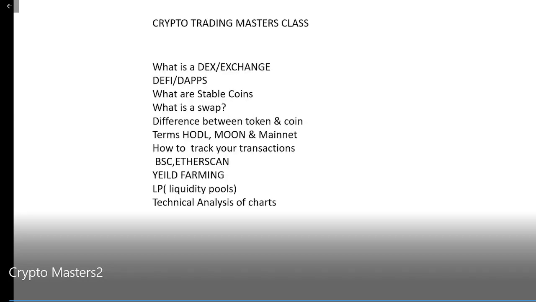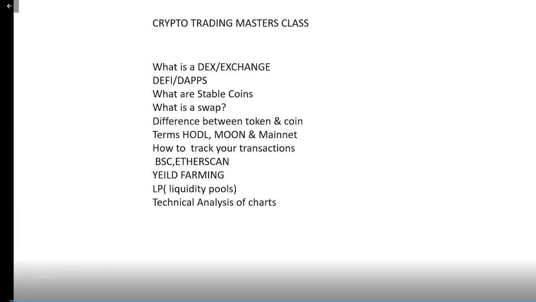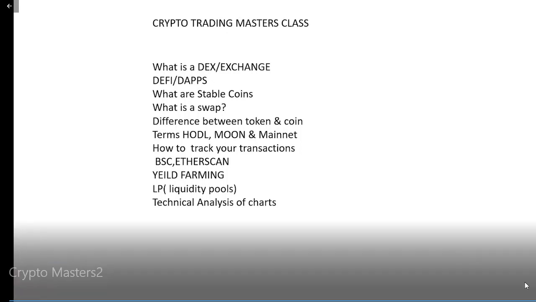All right, so we have another class where I go over different things: what is a DEX versus an exchange, DeFi versus DApps. What are DeFi and DApps? We already covered stablecoins. We covered what is a swap, the difference between token and coin. We're going to cover the terms hodl, moon, and mainnet, which I kind of went over mainnet in this video.